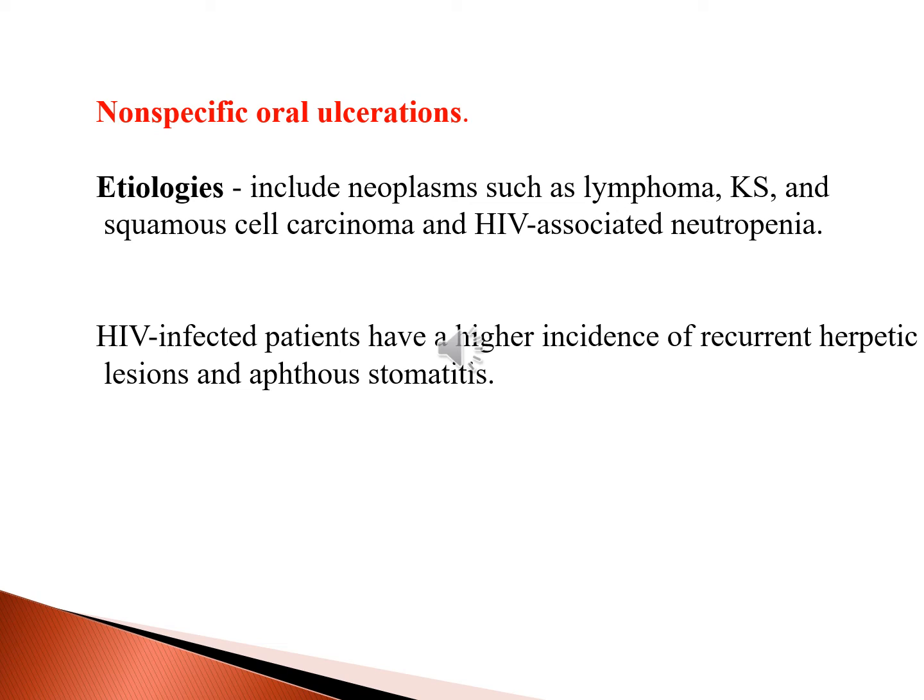These neoplasms and lesions might produce a lot of non-specific oral ulcerations. It's also been noted that HIV infected patients have a higher incidence of developing recurrent herpetic lesions and aphthous stomatitis.